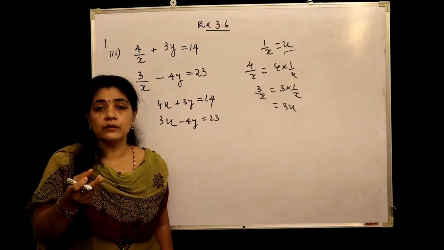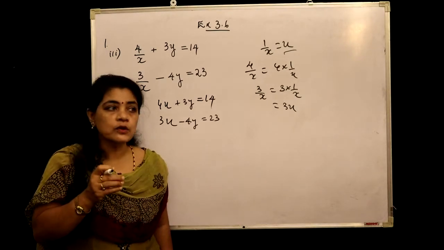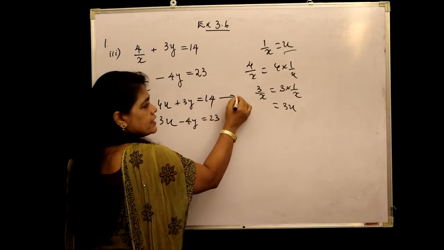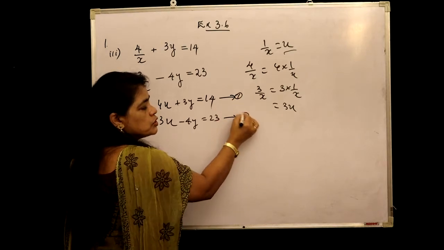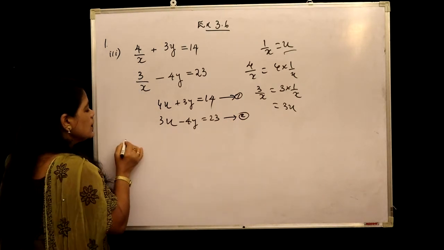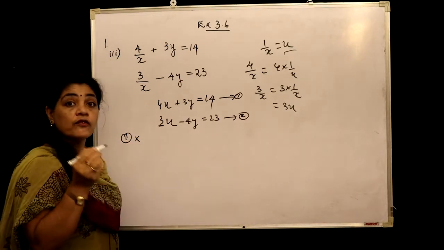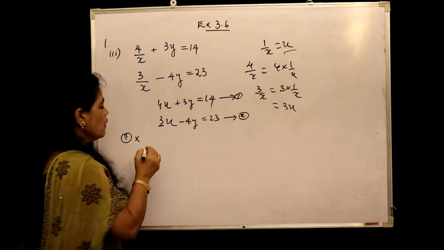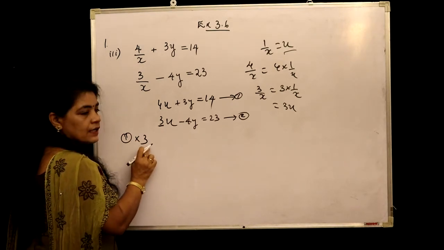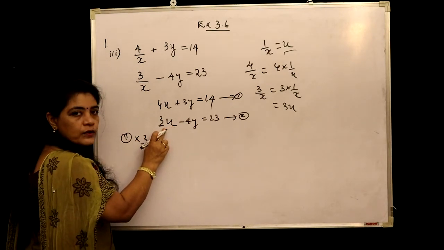How can this be possible? We have to multiply, let it be equation number 1 and equation number 2. Equation 1 should be multiplied with the coefficient of u in the second equation, so with 3. Here the coefficient of u is 3.